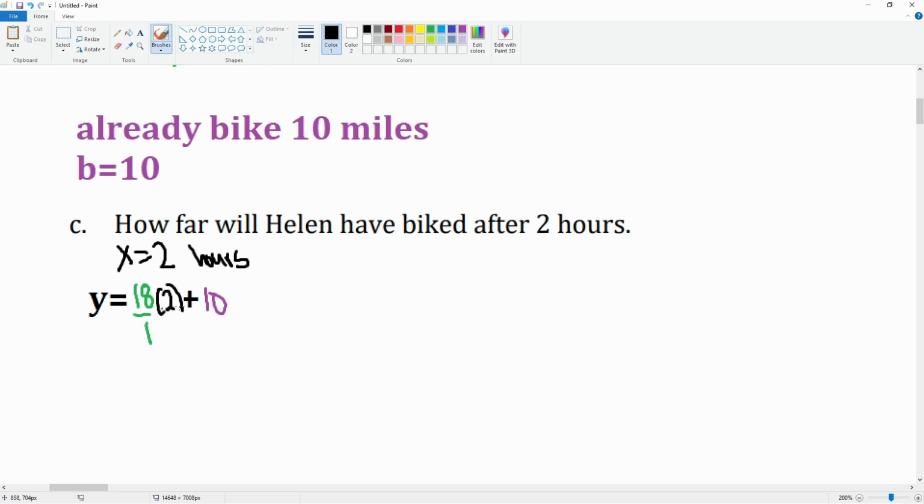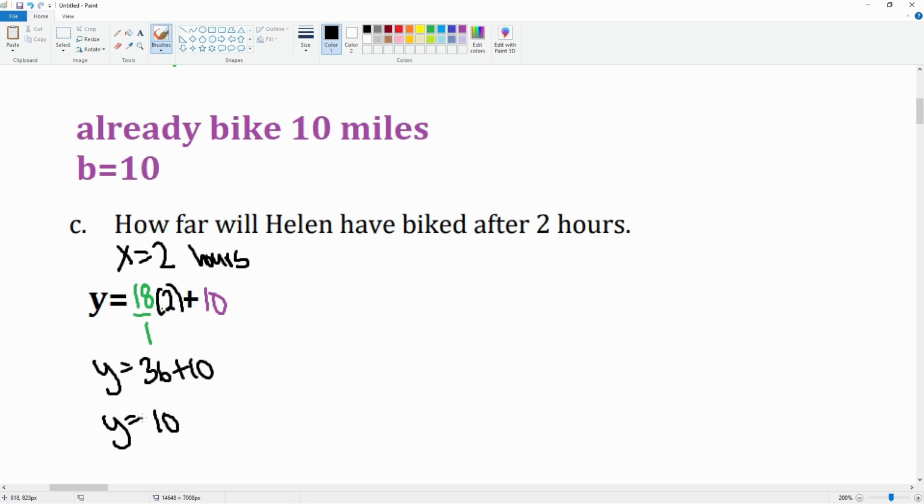Now we can do the multiplication. What is 18 times 2? You can plug that into a calculator to get that value. We have 18 times 2, and that gets us 36. So y is equal to 36 plus 10. Combine 36 and 10.